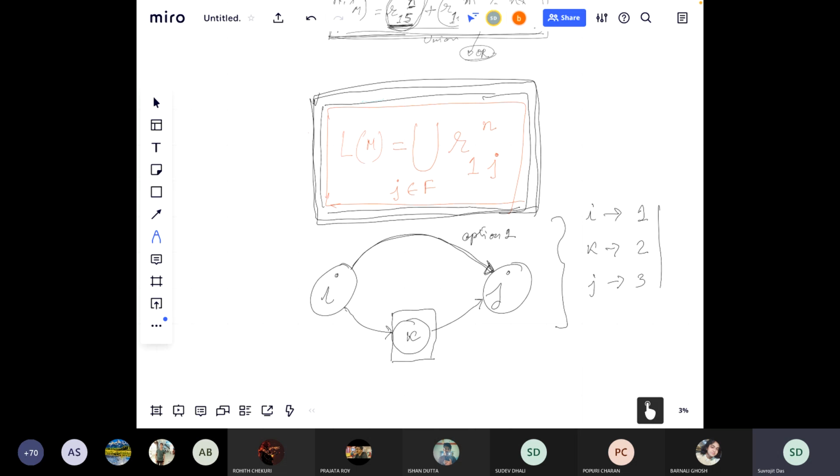And only if you have this order, that 3 is greater than 2 is greater than 1, only then you can say that, okay, I start at state number I, that is 1. I want to go to state number J, that is 3, and I'm going via state number K, that is 2, right?